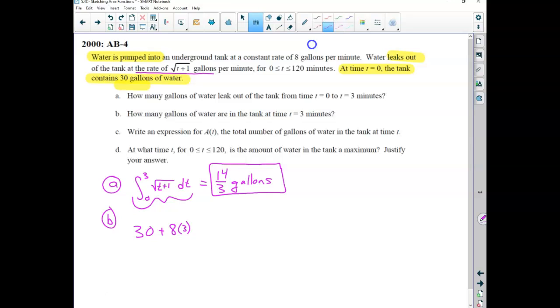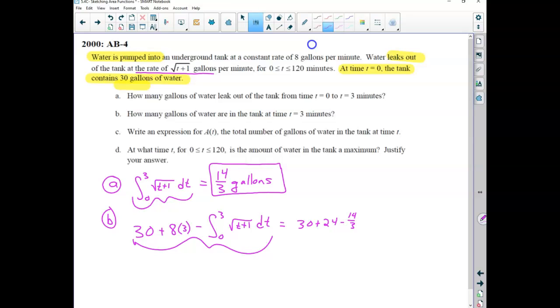But then I have to subtract my integral from 0 to 3 of my square root of t plus 1 dt. Well, why couldn't I just subtract 14/3 before? You can. But they want to see your calculus of the problem. I'm talking calculus right there, okay? So that's going to give me 30 plus 24 minus 14/3.